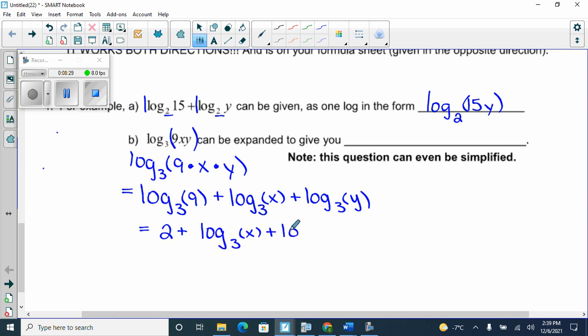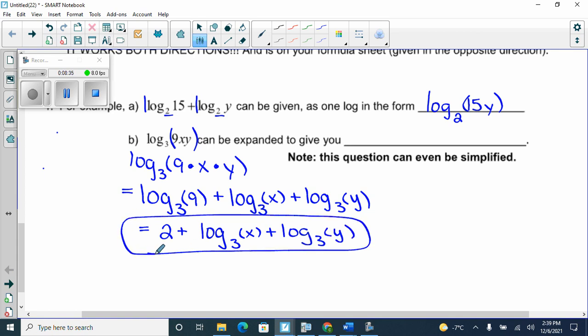And sometimes they'll actually put them back together. This is the correct answer, and I would stop here. But sometimes they'll give the multiple choice like this. This is the problem with logs. Your answer's lovely and beautiful, it's just not on the multiple choice sheet, because their answer that's there is actually this: 2 plus log base 3 of xy.